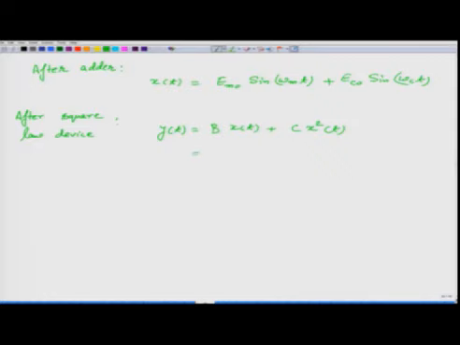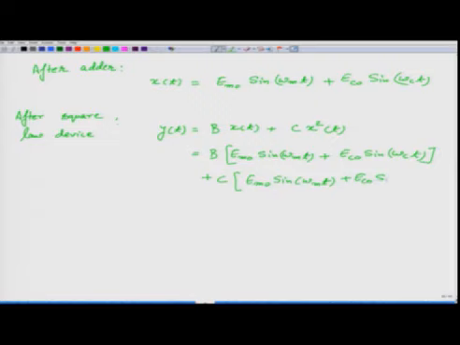So this will be equal to b times E_m0 sine of omega_m t plus E_c0 sine of omega_c t, plus c times E_m0 sine of omega_m t plus E_c0 sine of omega_c t, squared.